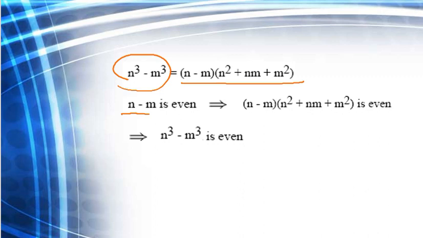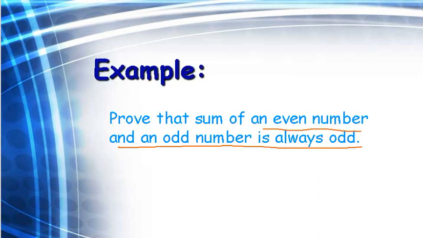So n minus m is even, so this is also even. n minus m times (n square plus nm plus m square) is even. So in the end it implies that n cube minus m cube is even. I hope, my dear learners, you understand very well what I want to explain in front of you.